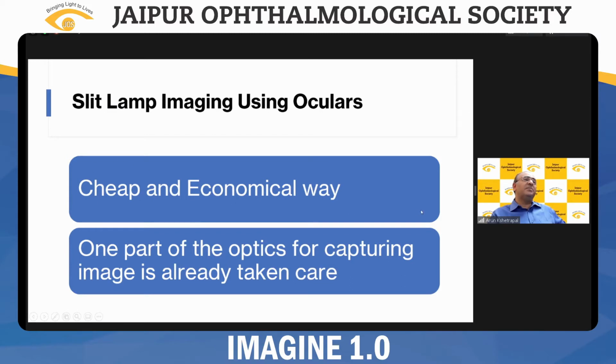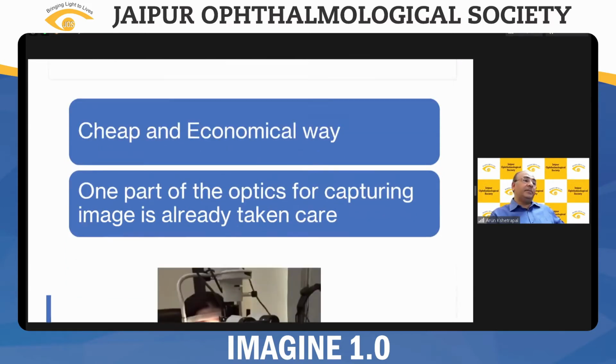It is a very cheap and economical way of doing photography. We have improvised so many things, and one part of the optics used for capturing the image is already taken care of by the oculars. So the system becomes very, very cheap.